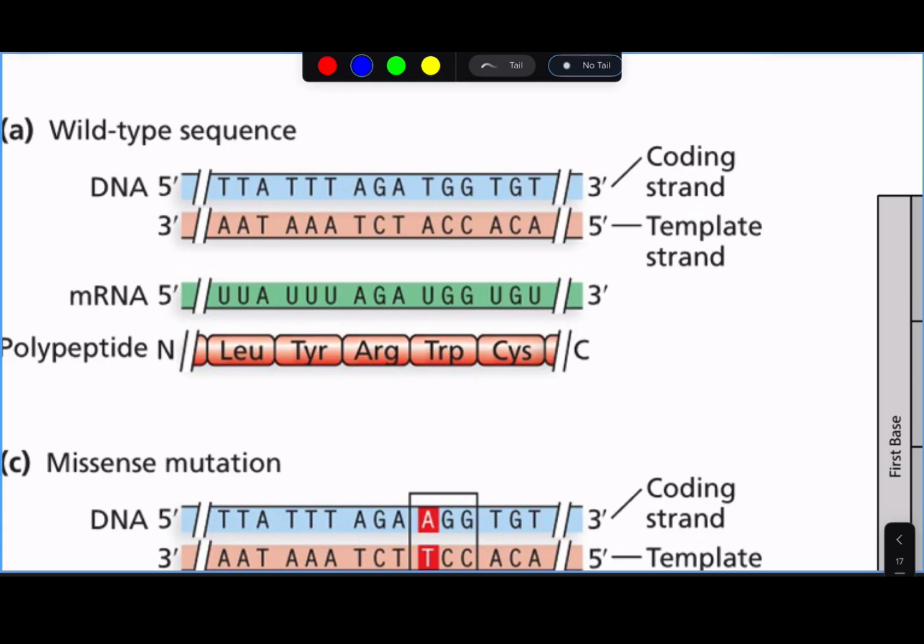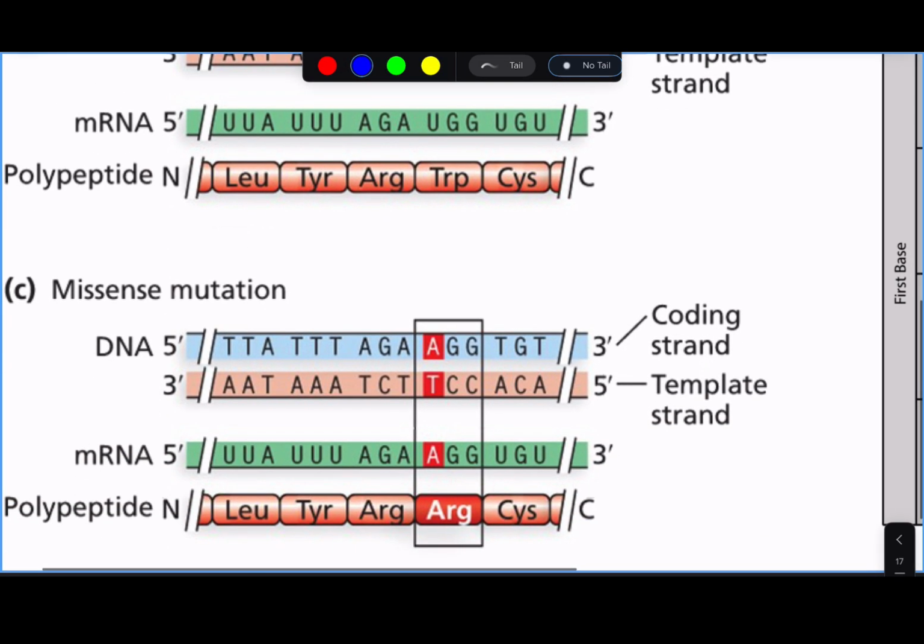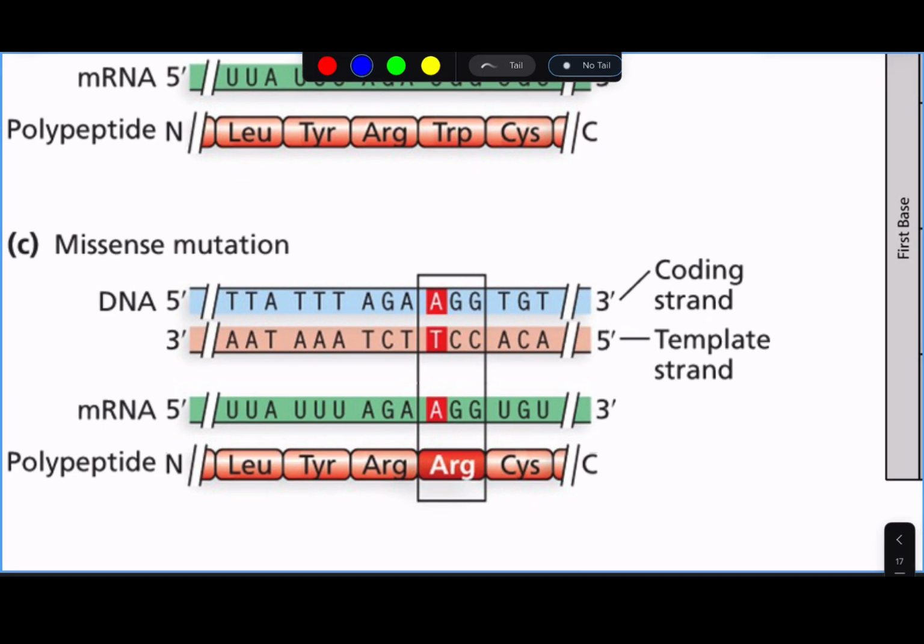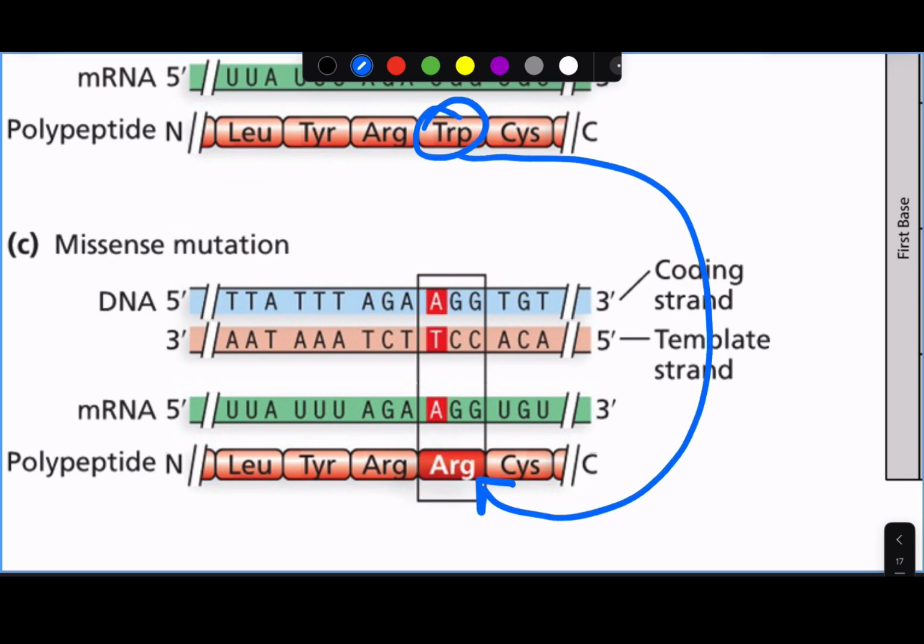A point mutation happened, a substitution. That T there was substituted for an A. So now AGG transcribes into AGG in the mRNA, and that translates to arginine. So we've gone from tryptophan to arginine. The amino acid changed. All right? So that is a missense mutation. Now we're missing the word. We're like saying something else.